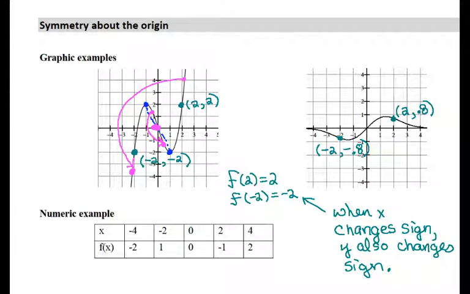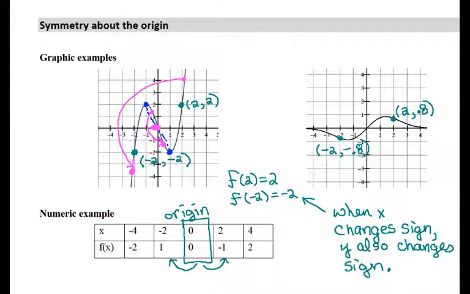All right, looking at a numeric example, again, here is the origin. This is where we're starting. I want to see what happens when I step 2 to the right in the x direction. Again, my x's are increasing by 2. And I step 2 to the left in the x direction.